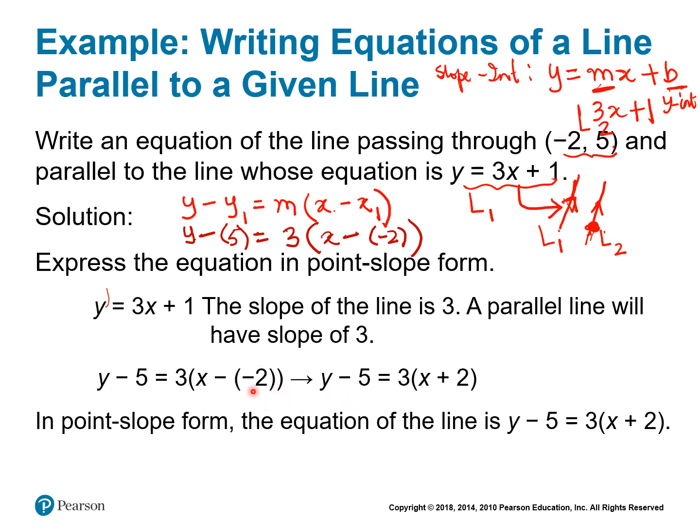And then this will be rewritten as y minus 5 equals 3 times, minus minus becomes a plus, so 3 times x plus 2. So in point slope form, the equation of the line is y minus 5 equals 3 times x plus 2.